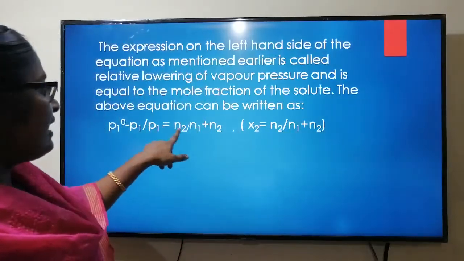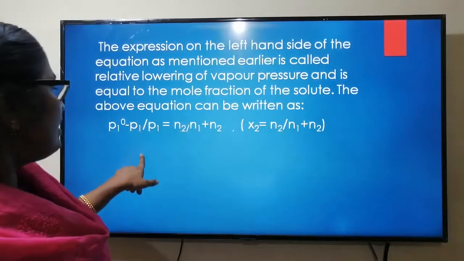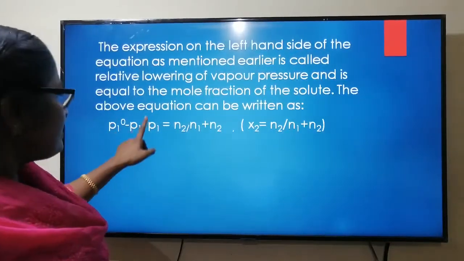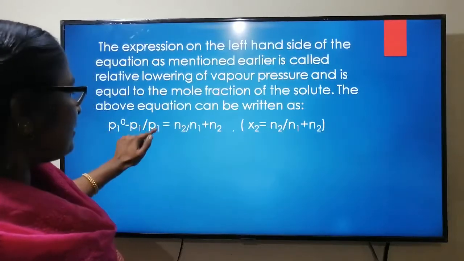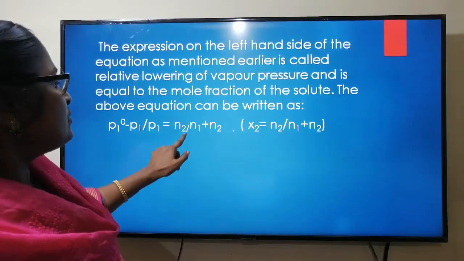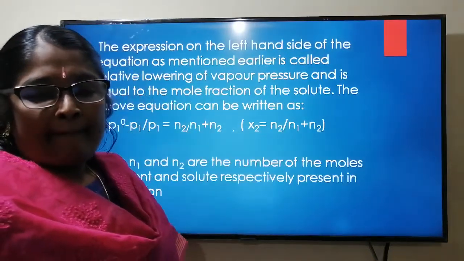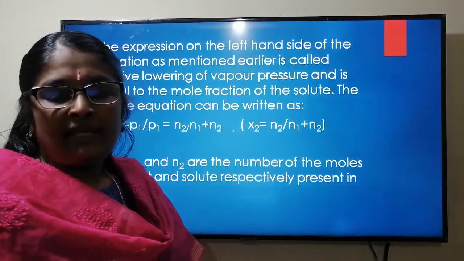So substituting for X2, the relative lowering of vapor pressure, P10 minus P1 all divided by P10, is equal to N2 divided by N1 plus N2. Here N2 and N1 are the number of moles of solute and solvent respectively.